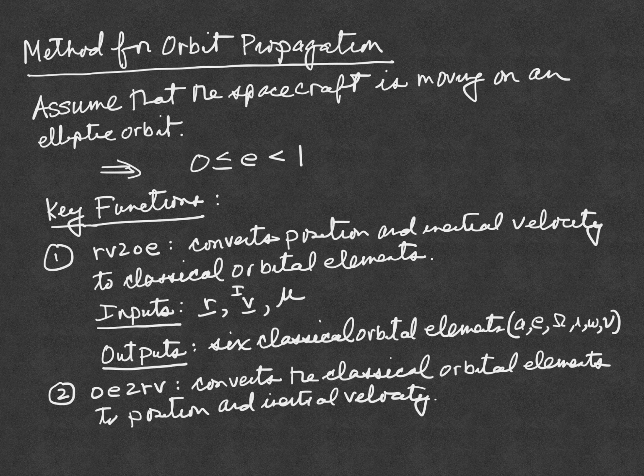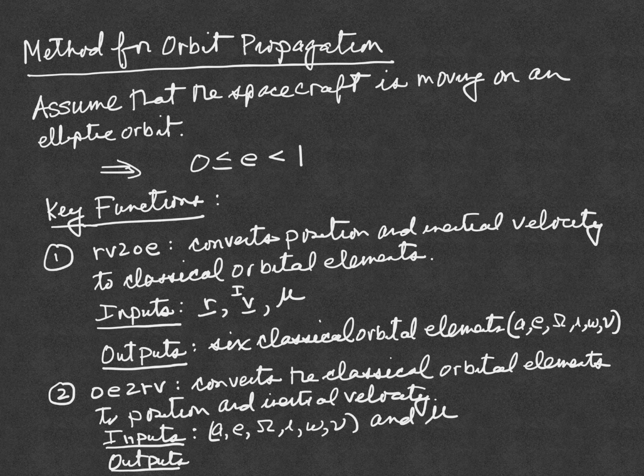So the inputs to this function are the classical orbital elements. So the 6 classical orbital elements, which we've already defined as A, E, omega, I, little omega, and nu. And we also need the gravitational parameter mu. The outputs of this function are R and VI.